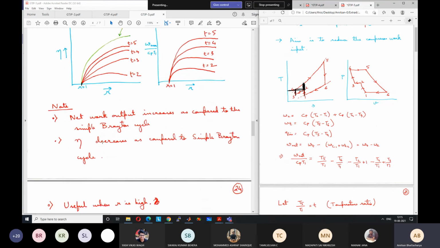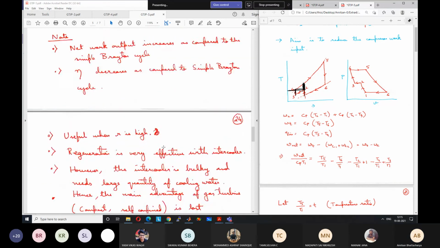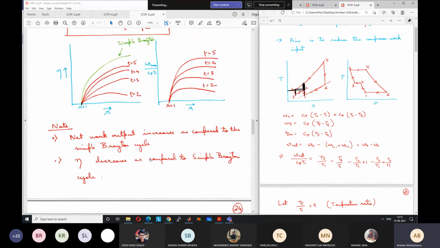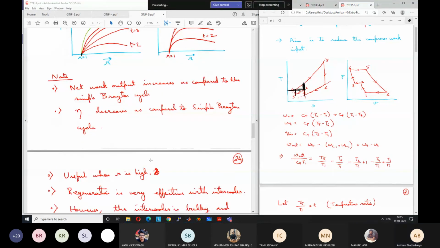To summarize, net work output increases as compared to simple Brayton cycle. Efficiency decreases as compared to simple Brayton cycle. Okay. This is useful when the value of R is high. And why this is useful?